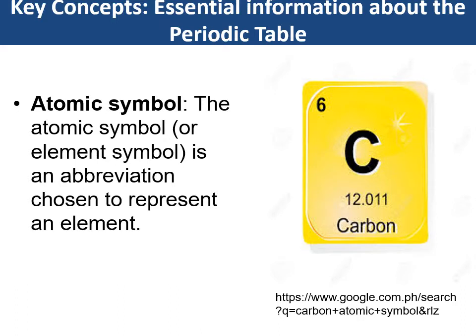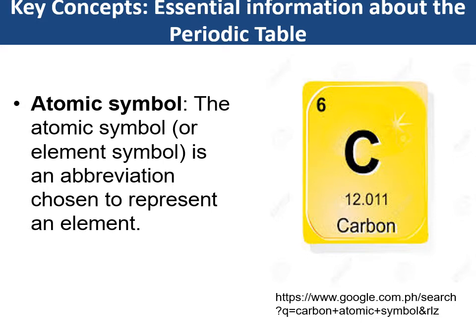Okay, class, let us continue with this diagram. So I have here an element, which is carbon, and its atomic symbol. Pag sinabi nating atomic symbol, ito din ay tinatawag na element symbol. It is an abbreviation chosen to represent an element.